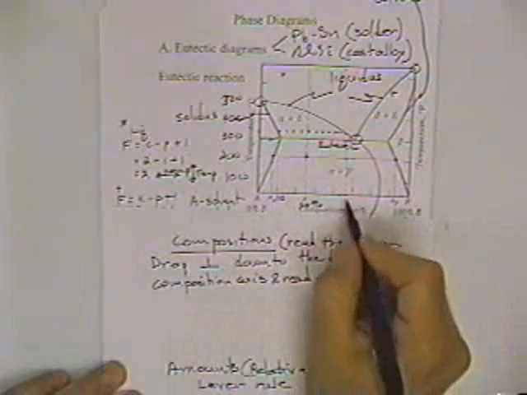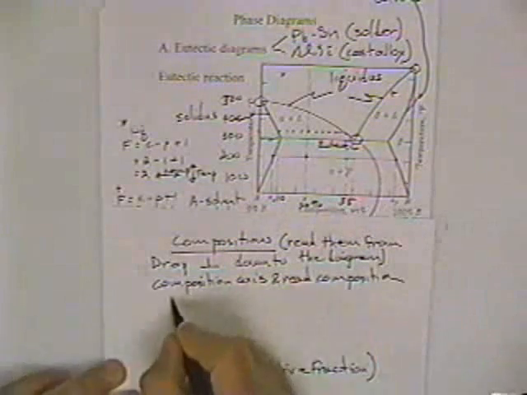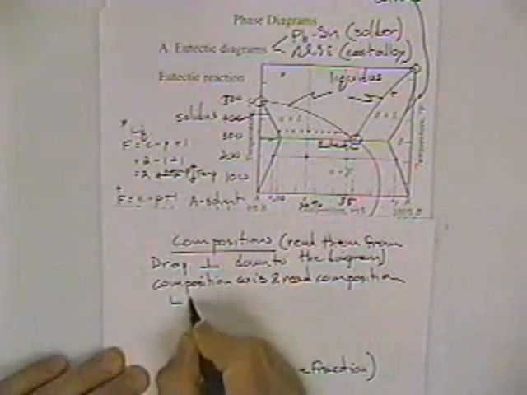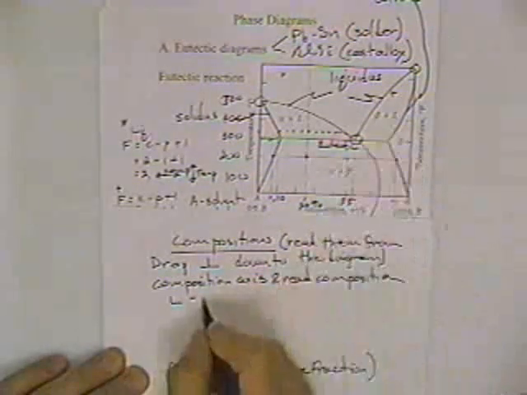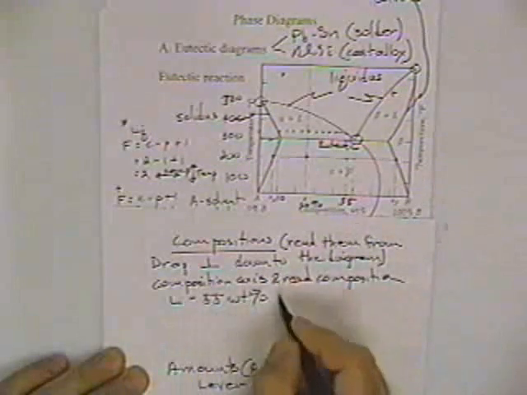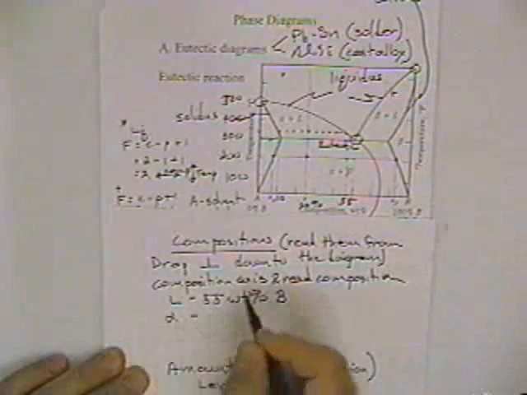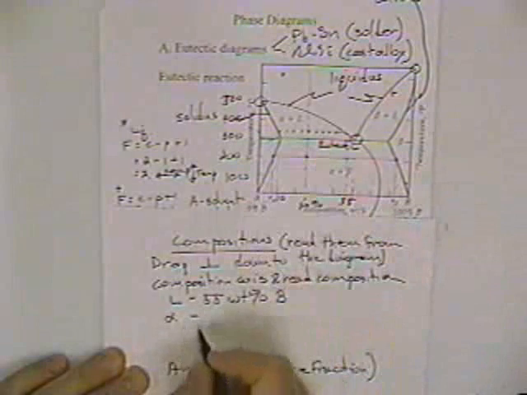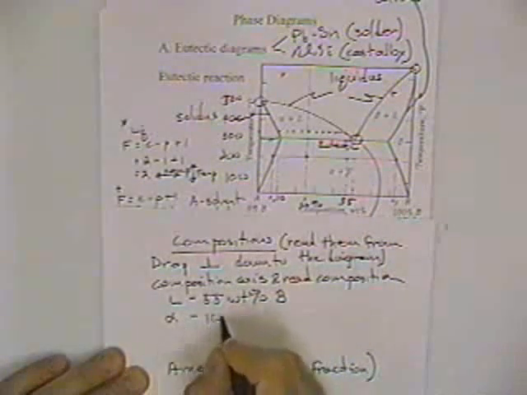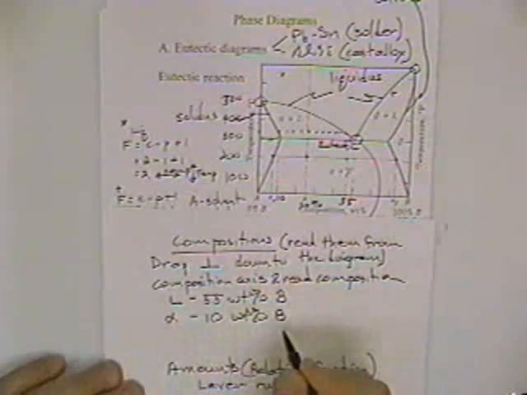And this one, if this was 60, this looks like maybe it is 55%. So the composition of the liquid would be 55 weight percent B. Composition of the solid alpha would be a lot less, 10 weight percent B.